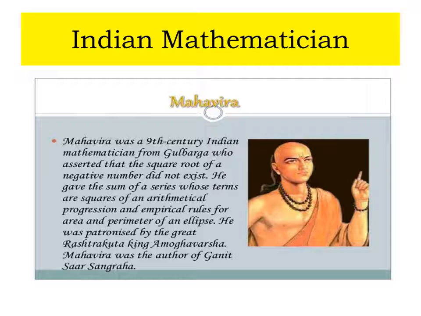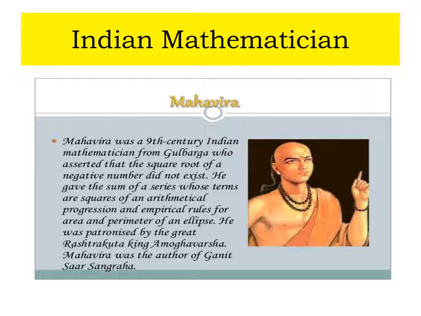The great mathematician, I have told. Let us see what he says and what is in his work. The great Indian mathematician Mahavira was a 9th century mathematician from Gulbarga, who asserted that the square root of a negative number did not exist.